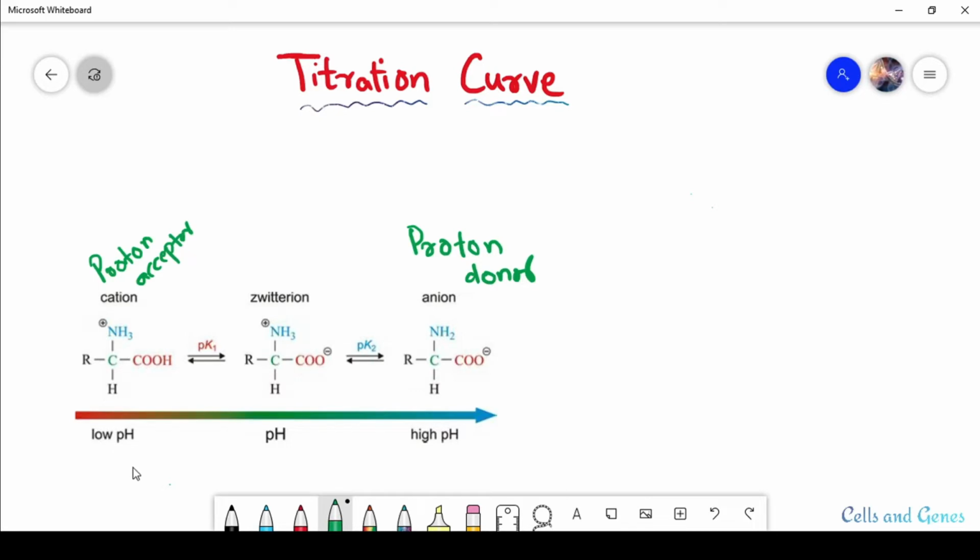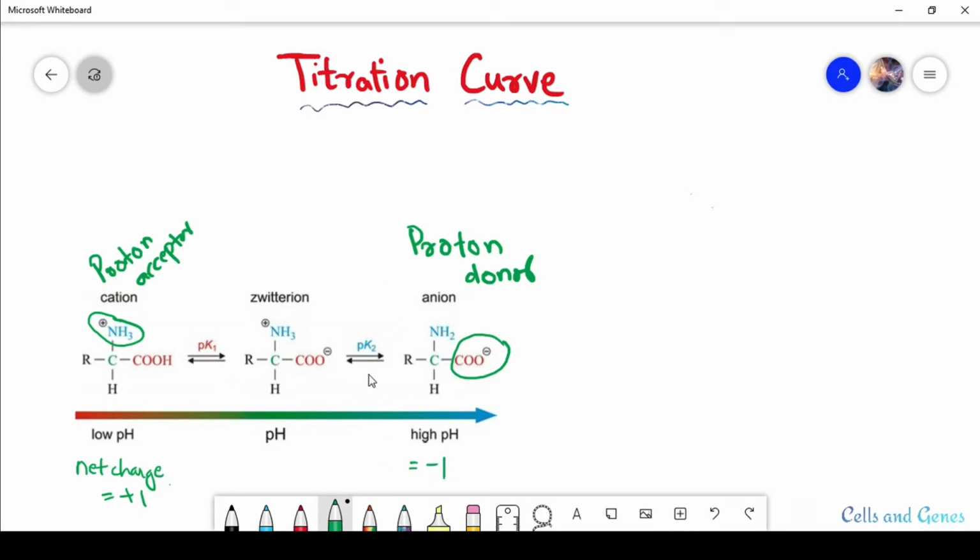At very low pH, the net charge is plus 1. Here we could see NH3 plus, so it is plus 1. And at very high pH, the net charge is minus 1.